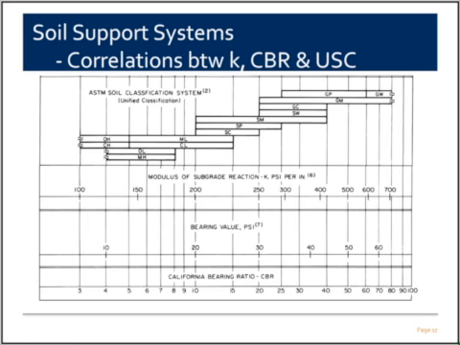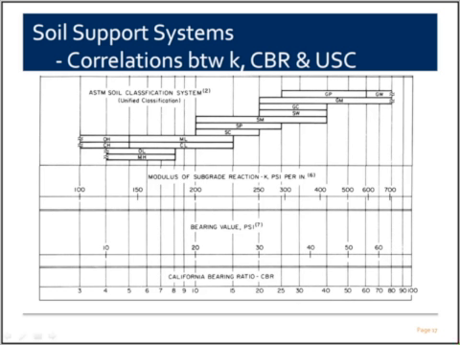But simple relationships like I've shown in the previous slide may sometimes give unrealistically high K values. Therefore, it's always good to double check against your soil classification chart like shown here. And this is again from the ACI 360 document on Slabs-On-Grade.